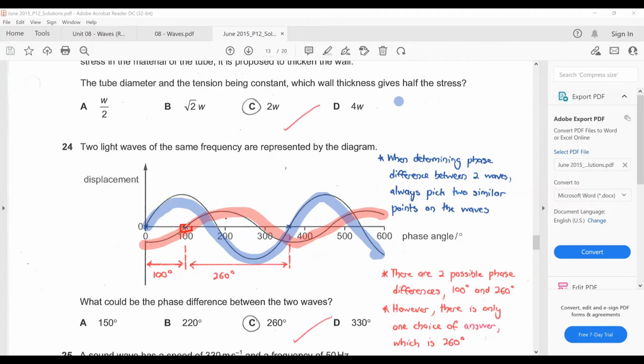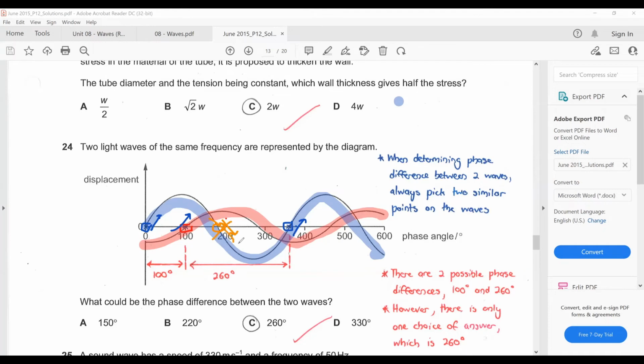You notice that this one is equilibrium going like this. You also need to pick an equilibrium position on the other wave that goes up like that. So I will pick this one as well as this one. This one and this one are equilibrium and seem to be going upright. This one is also equilibrium on the blue colored wave, but it's going down.